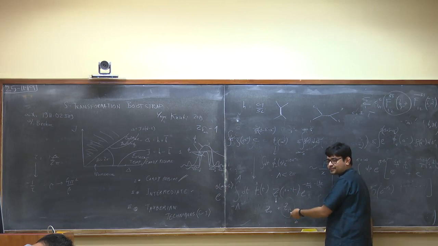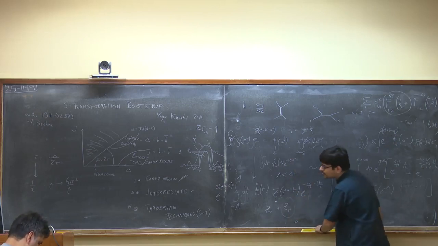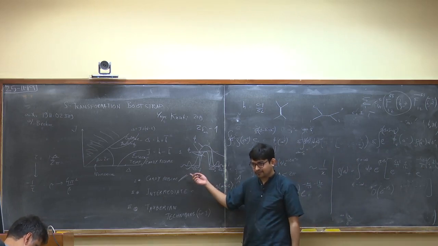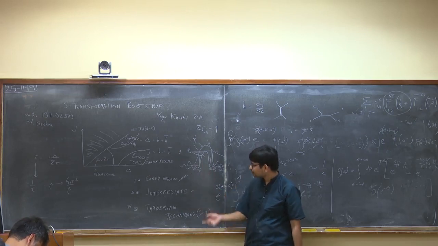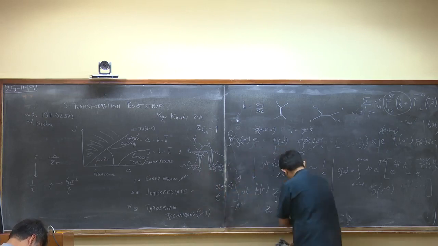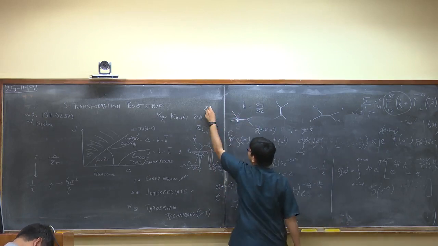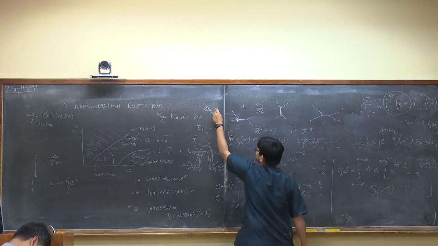Then the heavy states dominate. You can repeat these things for the pillow and the torus correlators, and for the torus correlator, for this channel exchange, you get 2 delta minimum is square root 2.